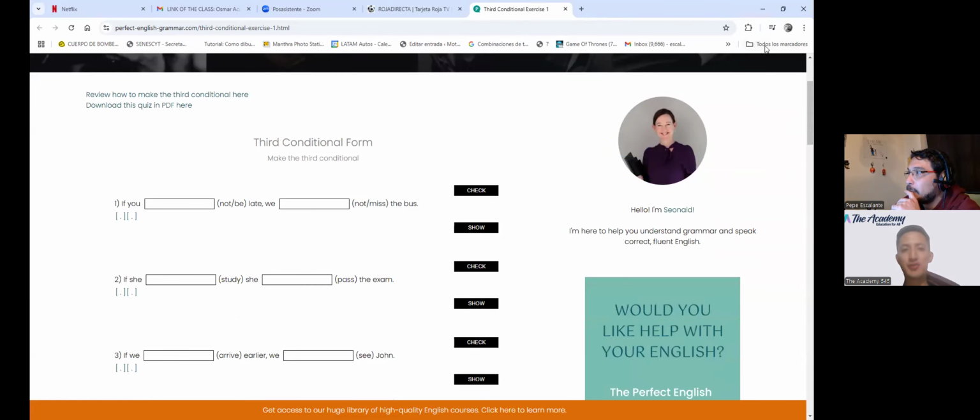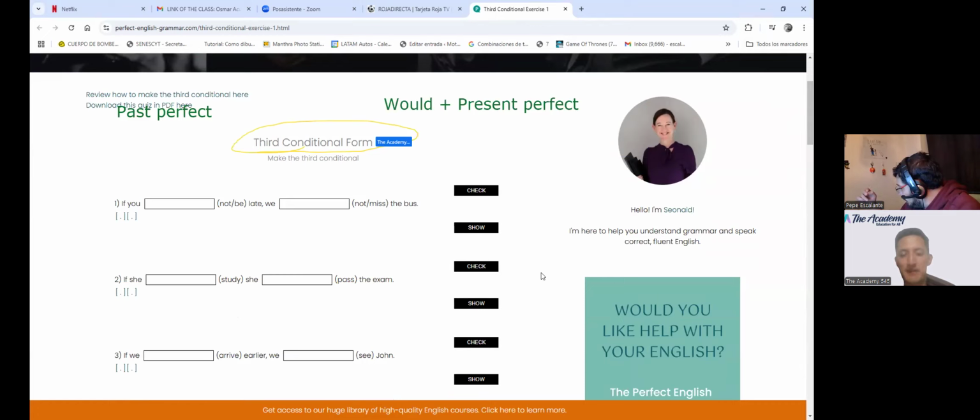Yeah. So, do you remember the form of third conditional? The condition is with past perfect. Past perfect, remember the condition. And the possible result or consequence is with would plus present perfect. Yeah.